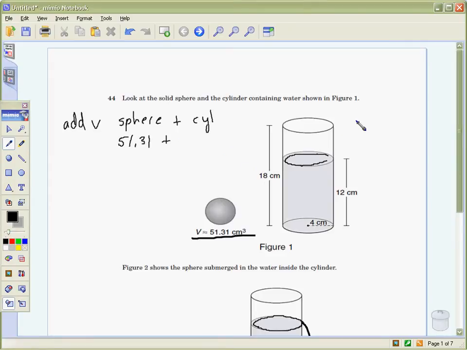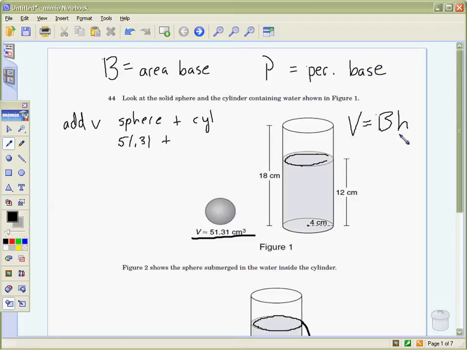You look on your formula chart: volume of a cylinder is volume equal to the area of the base times the height. Remember, when you're dealing with solids, big B is equal to the area of the base, and big P is equal to the perimeter of the base.